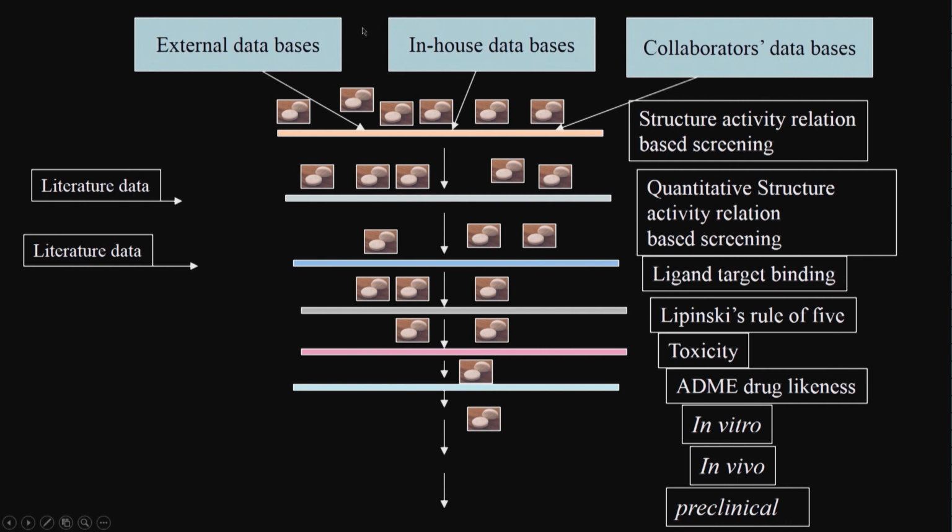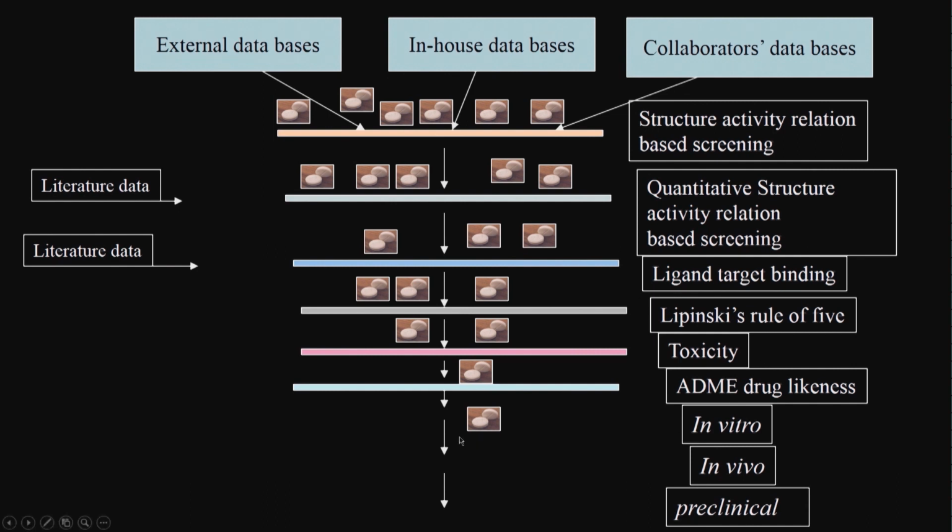So I may start with millions, then with the structure activity based relationship I eliminate some, by binding I eliminate some more, then I apply Lipinski's rule, toxicity rules, ADME rules, drug likeness rules, BBB, P-gp, hERG, biotransformation, stability, plasma protein binding.